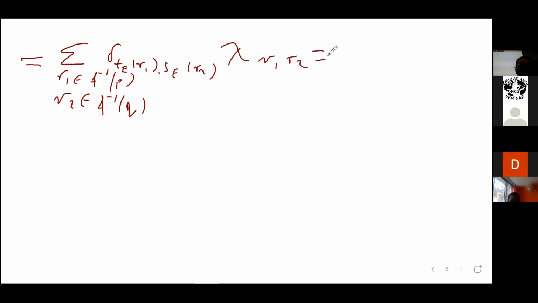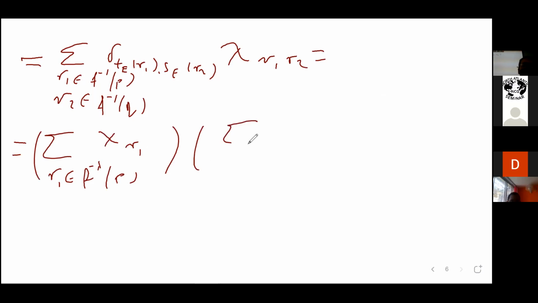But now that's just the multiplication formula. So I can write it down as the sum over R1 running over the preimage of P, chi R1 times the sum over R2 running over the preimage of Q, chi R2, right?